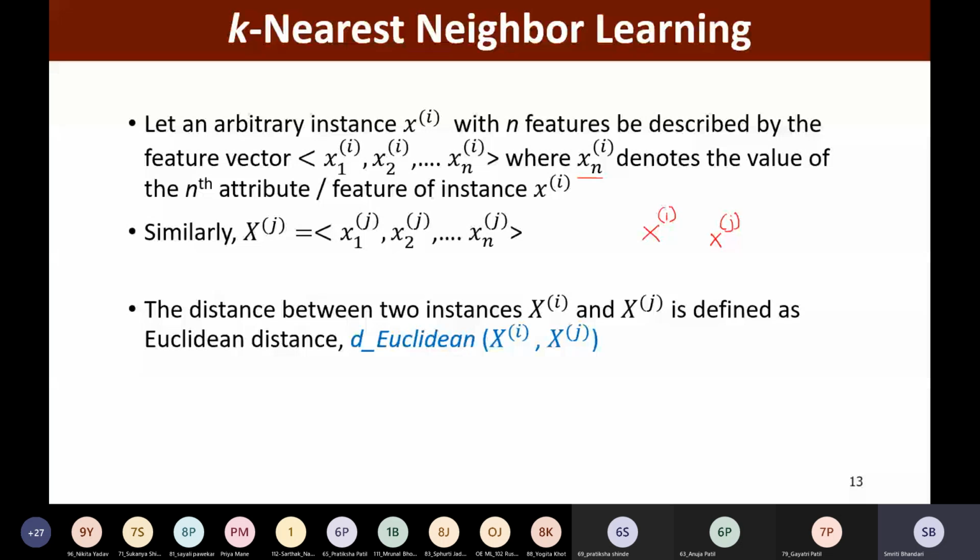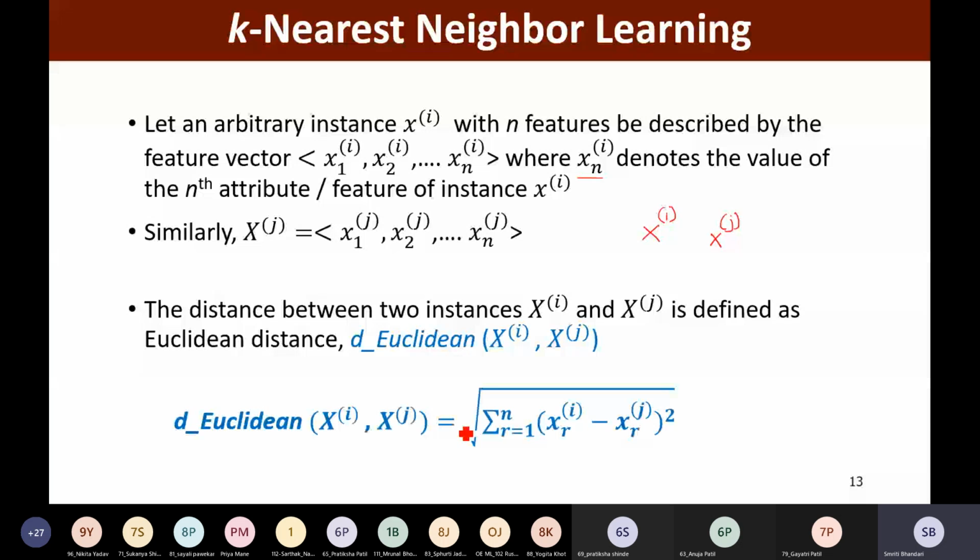Euclidean distance is defined as the square root of the summation over r equal to 1 to n of (xri minus xrj) squared. So what does this mean? What are xri and xrj? Here, r varies from 1 to n, and n is the number of features that we have.